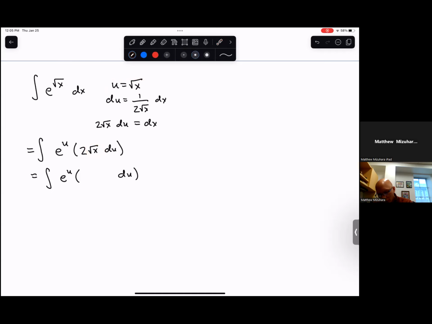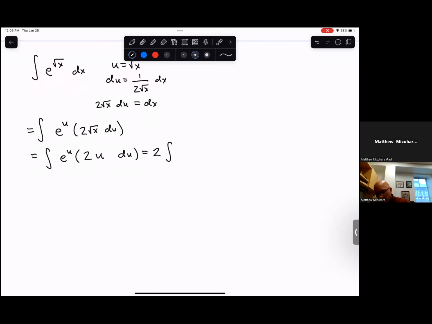So this is actually pretty good. So I have 2u du. So now I'll pull out the 2 from the integral and simplify a little bit. I got u e to the u du.